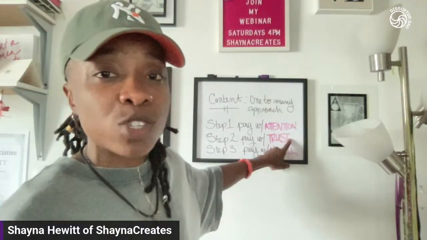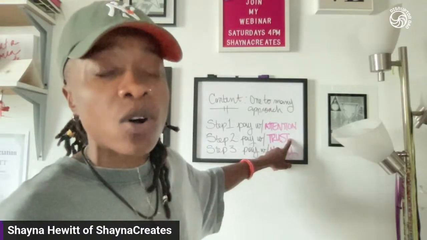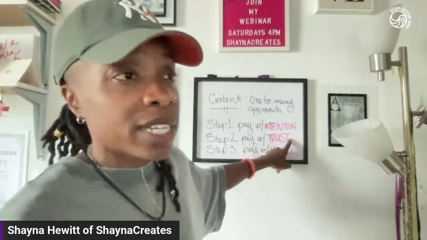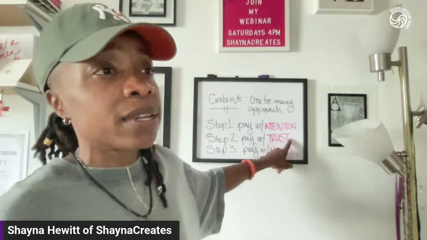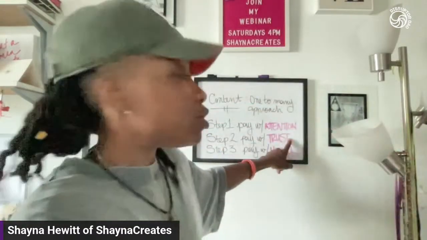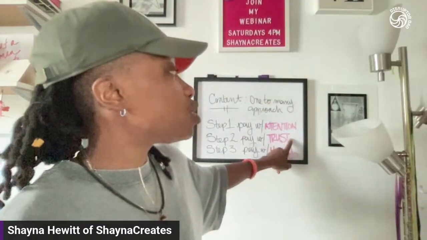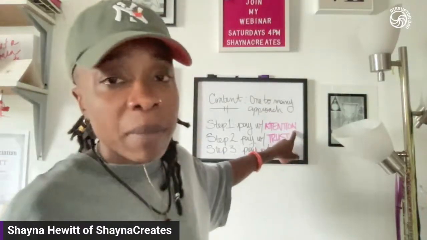Trust is so valuable to us all, especially in a transaction where I'm giving you an exchange of my money for your solution. Okay, you still need the trust. And at minimum, if you don't have their attention, there's nothing happening anyway.